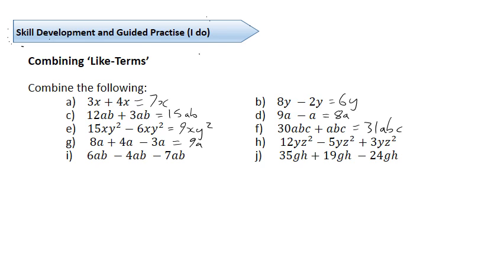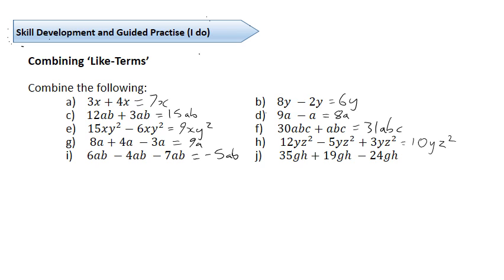And this next one, we've got YZ squared, YZ squared, YZ squared, all like terms. So 12 minus 5 plus 3 gives us 10 YZ squared. 6AB minus 4AB gives us 2AB. 2AB minus 7AB will take us all the way down to negative 5ab.